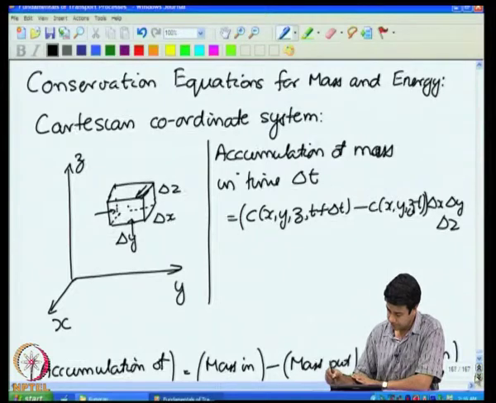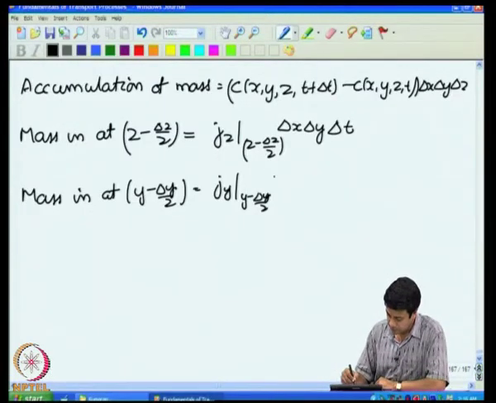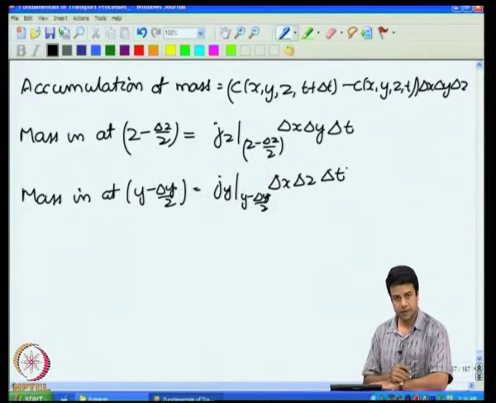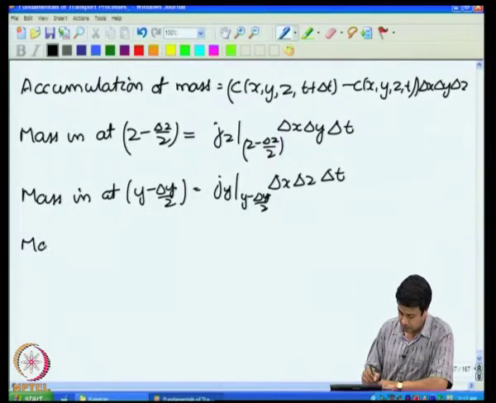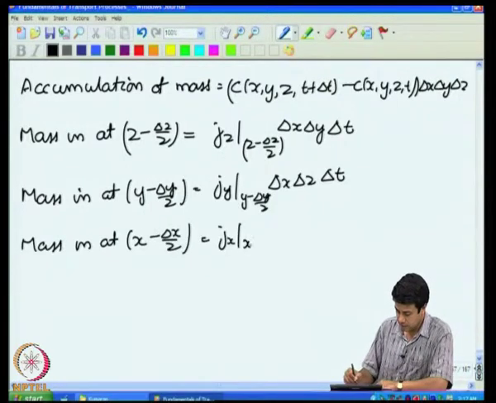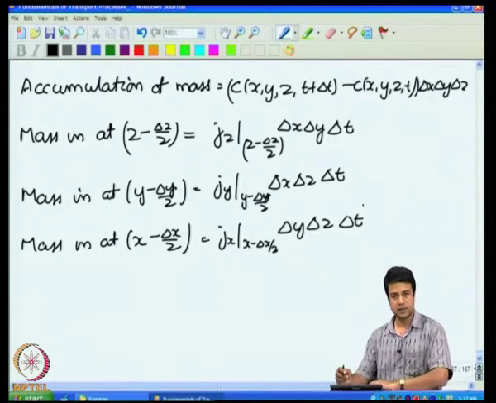So, this is going to be equal to delta x, delta z, delta t. Similarly, there is a mass in at x minus delta x by 2 equal to J x delta y delta z delta t. So, this is the mass in.